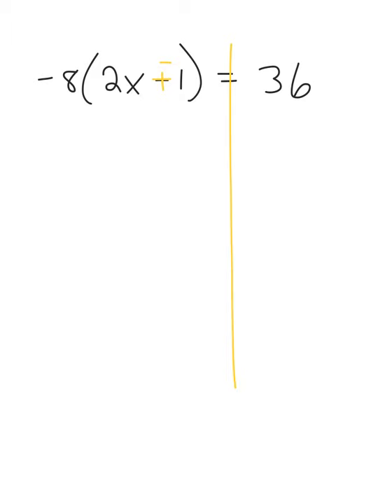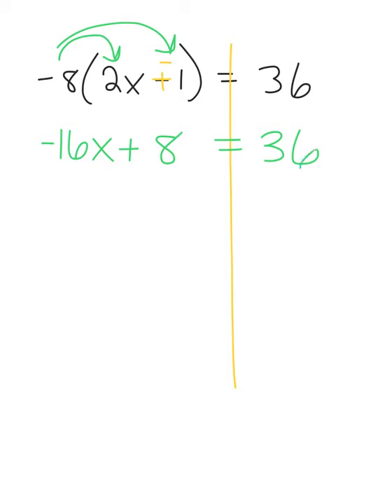Yes, I do. I need to distribute the negative 8 to everything inside my parentheses. So a negative 8 times 2 is a negative 16x. Bring down my addition sign. A negative 8 times a negative 1 is just a plus 8. Equals 36.